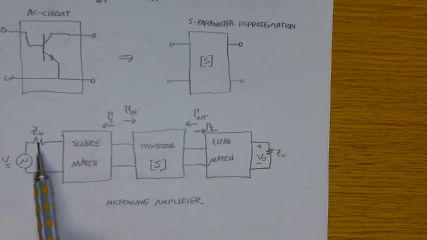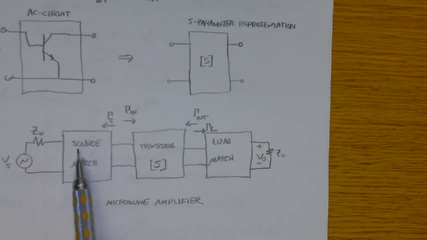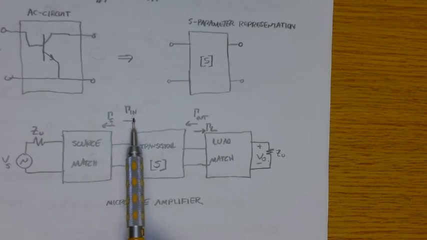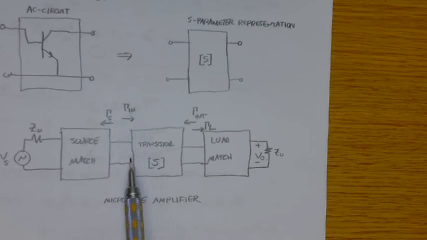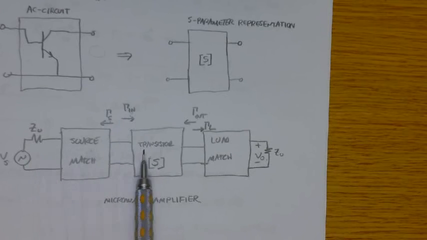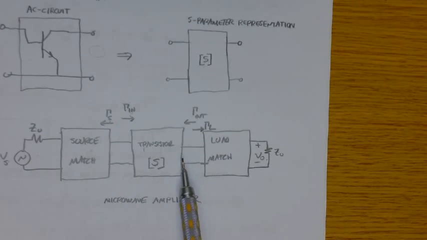Well, we need to translate the Z naught, which is at the center of the Smith chart. We need to design the source matching network in such a way that looking into it, we have a reflection coefficient that's the conjugate of what we see looking into the transistor, because then that'll give maximum power transfer to the amplifier.